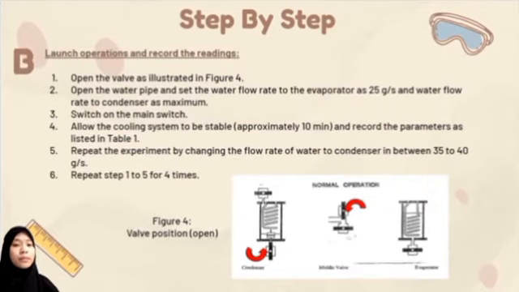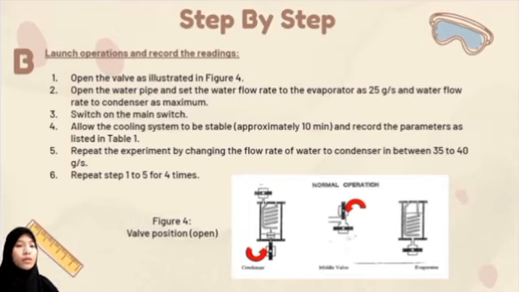For step B, launch operations and record the readings. 1B: open the valve as illustrated in figure 4. 2B: open the water pipe and set the water flow rate to the evaporator at 25 grams per second and the water flow rate to the condenser at maximum. 3: switch on the main switch. 4: allow the cooling system to stabilize for approximately 10 minutes and record the parameters as listed in table 1.